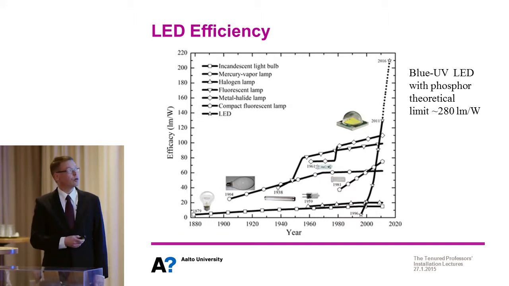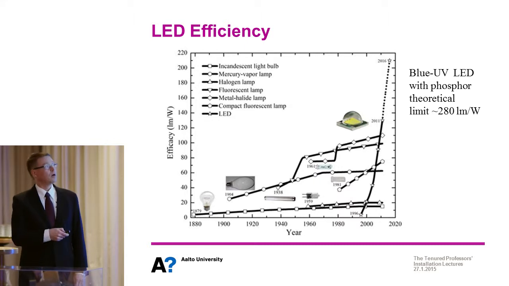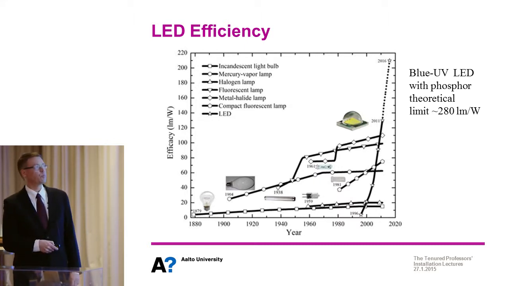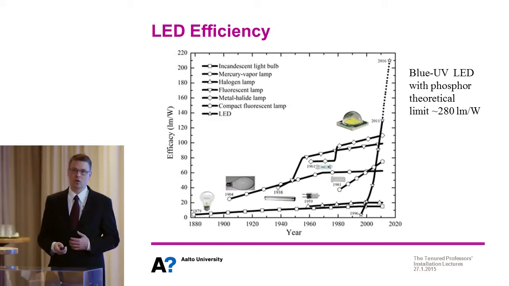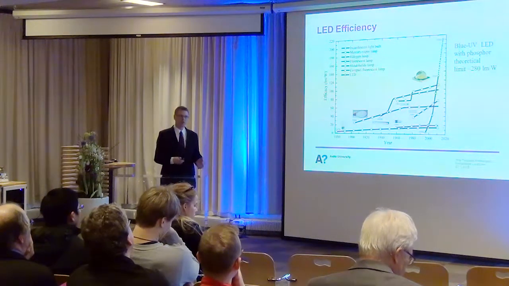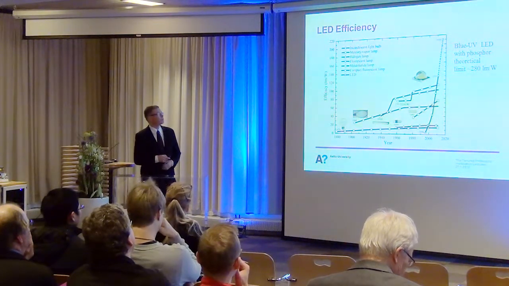LED efficiency has been growing really fast during the last 10 years. And actually the efficiency is approaching the theoretical limit of this phosphor-based technology, which means that we have a blue or UV emitting diode with a phosphor material that converts part of the light into other parts of the spectrum so that it appears white to the human eye.